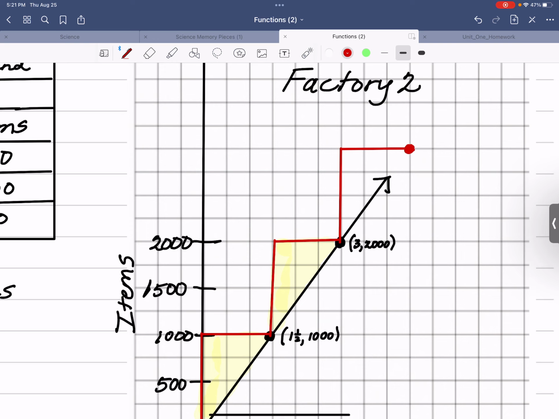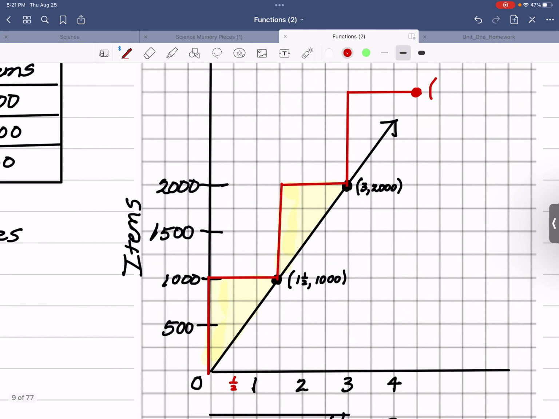So this one would be, and I'll put it in red because it's a prediction, at 4.5, up, here's 2,000, this would be 2,500, and then this would be 3,000, and that would be the next point. So if you wanted to predict the next stair step, you could do that just by graphing it.